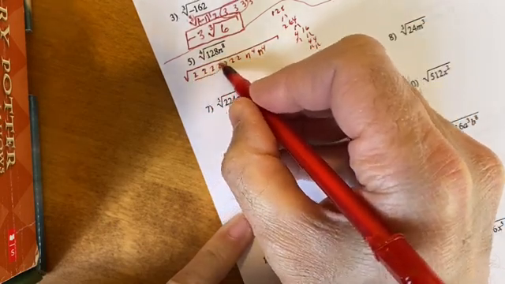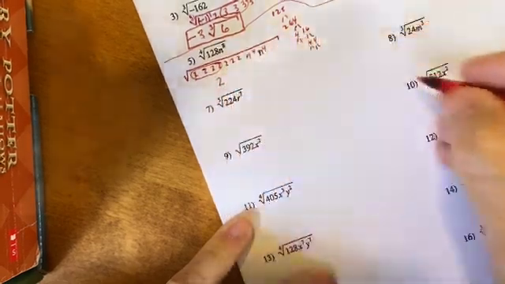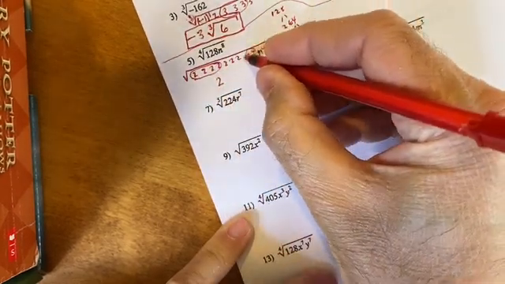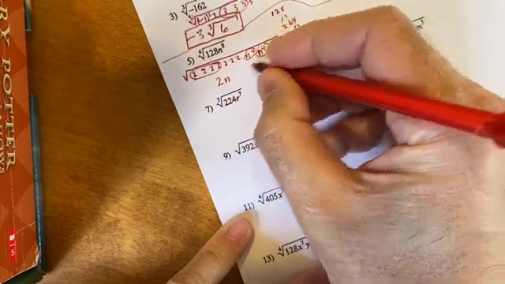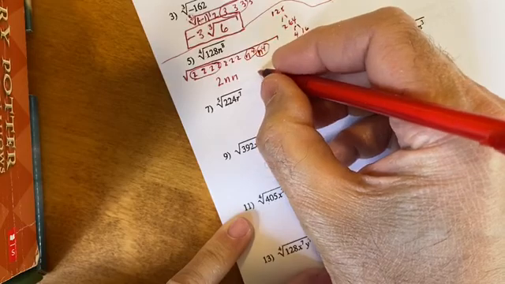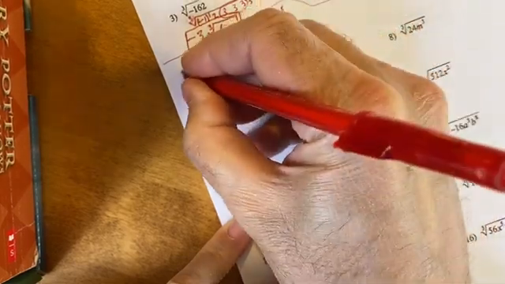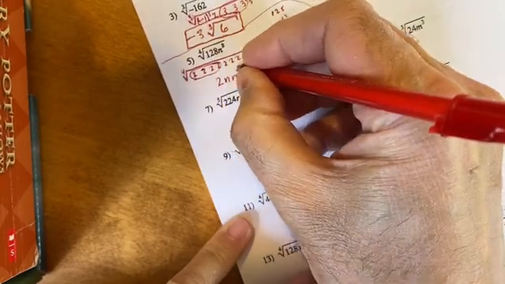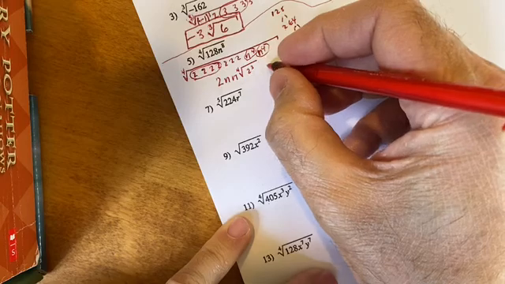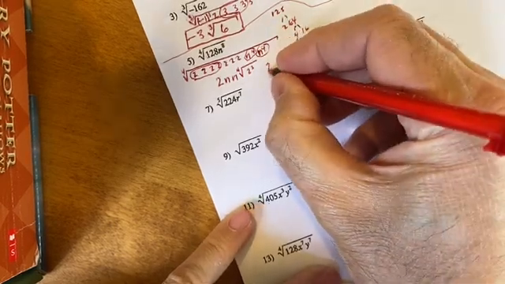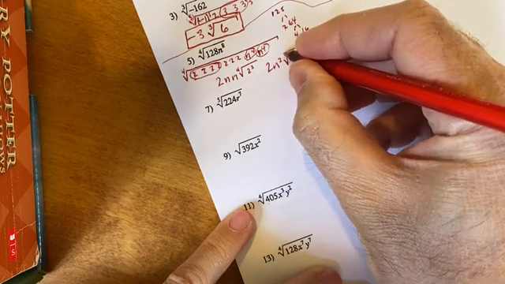So with those 4 2's, 1 2 comes out. With these 4 n's, 1 n comes out. With those 4 n's, another n comes out. And inside the 4th root is 2 to the 3rd power, which is the number 8. So the answer to this is 2n squared times the 4th root of 8.